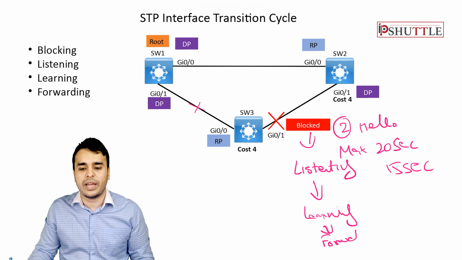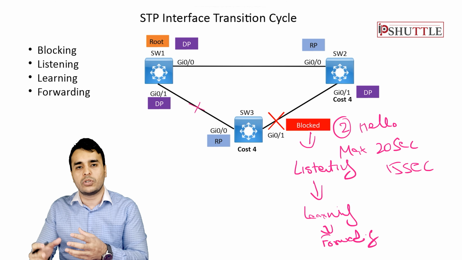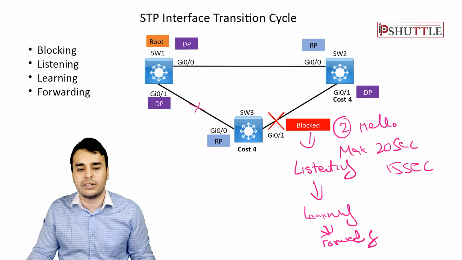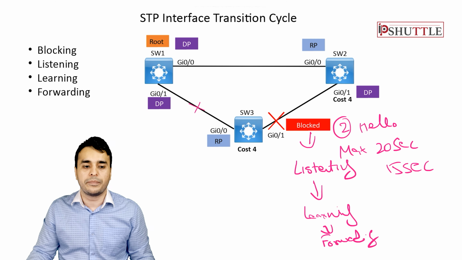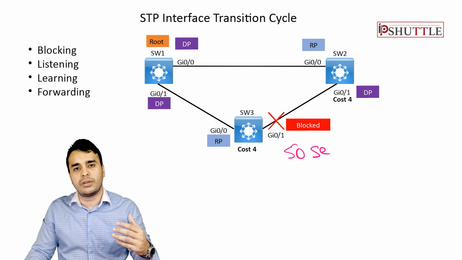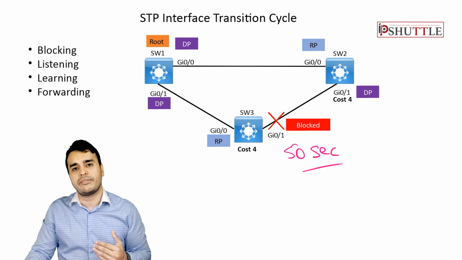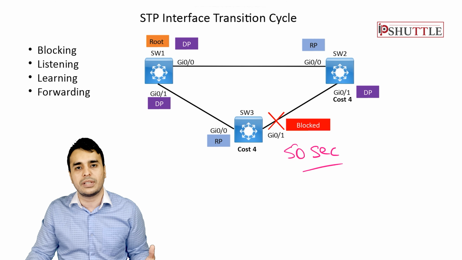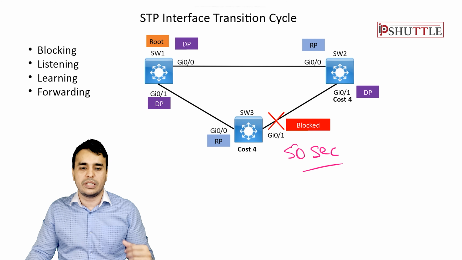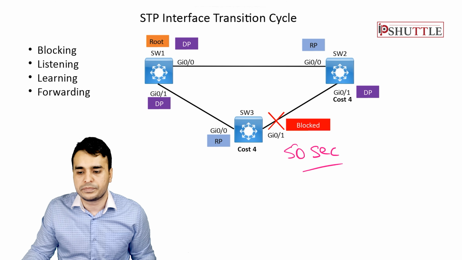In this state, I will be actively processing the frames, so this port will become forwarding and the cross will be removed. The whole transition period could take around 50 seconds, starting from blocking to listening, learning, and forwarding before the port becomes active. In RSTP, that time is reduced. We will see that as well.